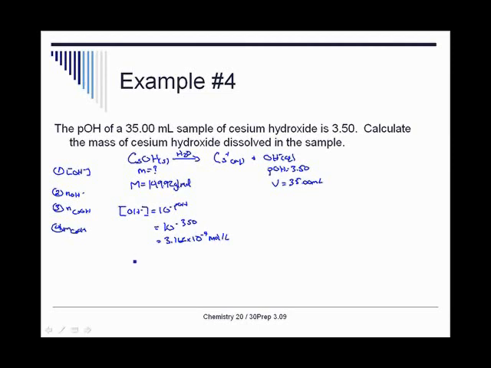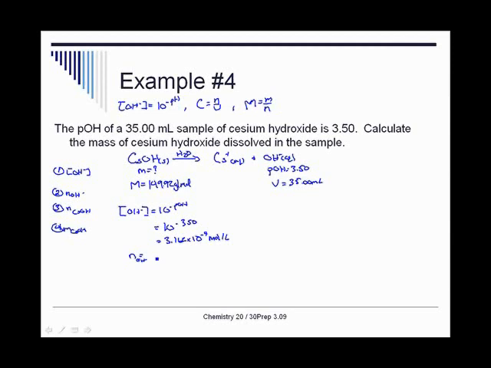Now that we have that, we can find the number of moles of OH. And I should have done it ahead of time, but I didn't. We're using our inverse of pH formula, 10 to the negative pH. Then we're going to need our concentration formula and our molar mass formula. And I like writing them down just so that I can make sure I get my units in the right spots.